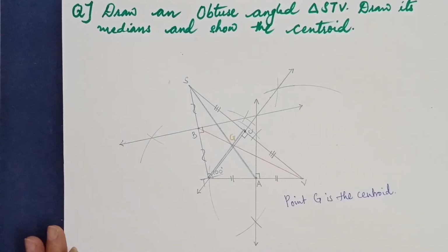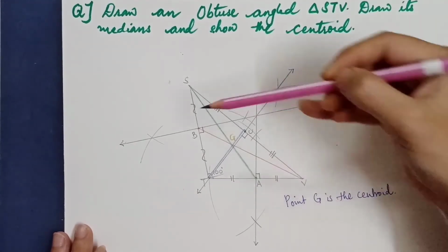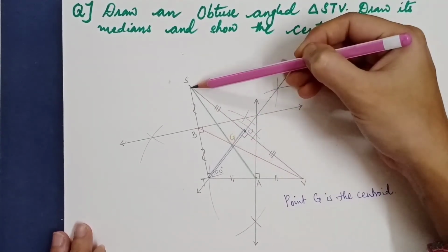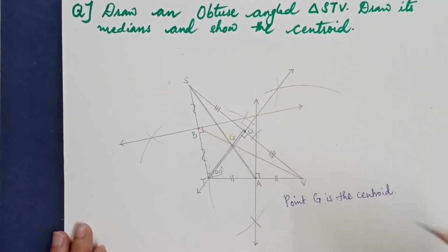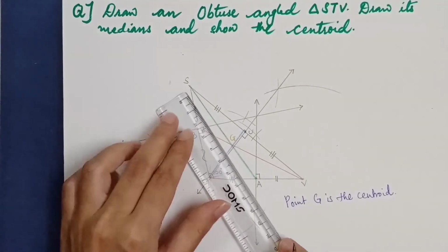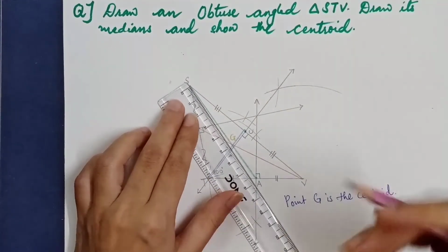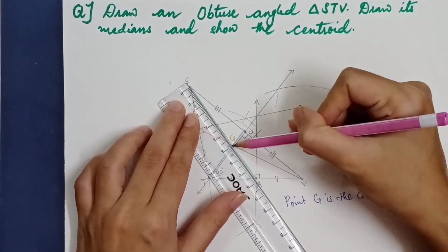One very important property of the centroid is that it divides the median in the ratio 2:1. The part which is closer to the vertex is 2 times the one which is closer to the base. Let us see. In order to have a clear understanding, let us measure segment SG. From the vertex S to the centroid, it is 5 centimeter.